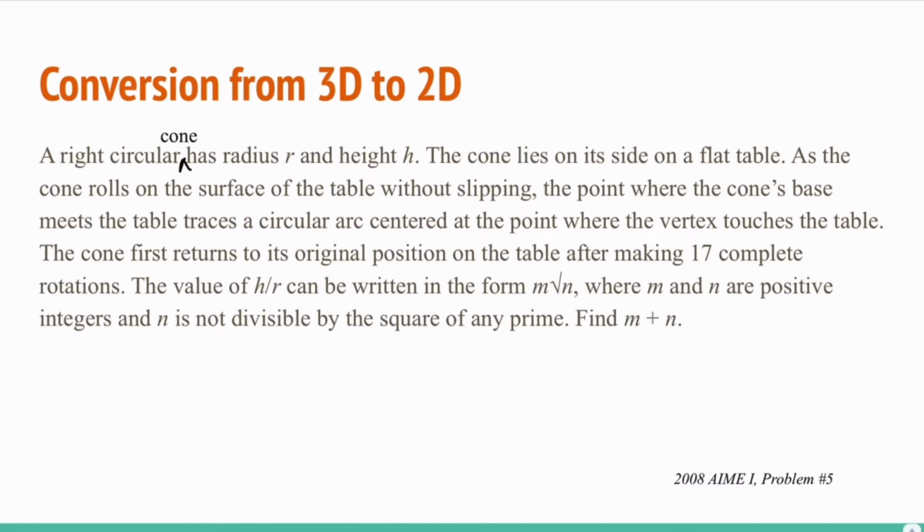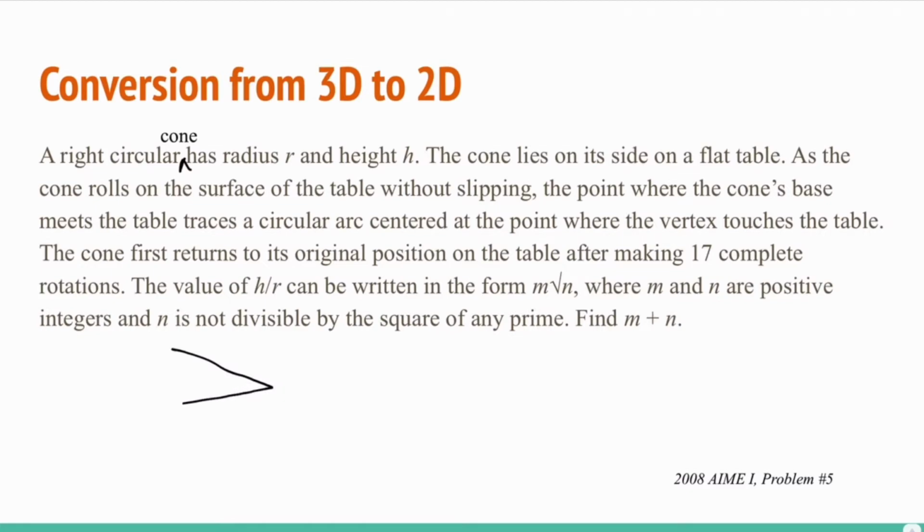The cone first returns to its original position on the flat table after making 17 complete rotations. The value of h by r can be written in the form m root n, where m and n are positive integers and n is not divisible by the square of any prime. Find m plus n.